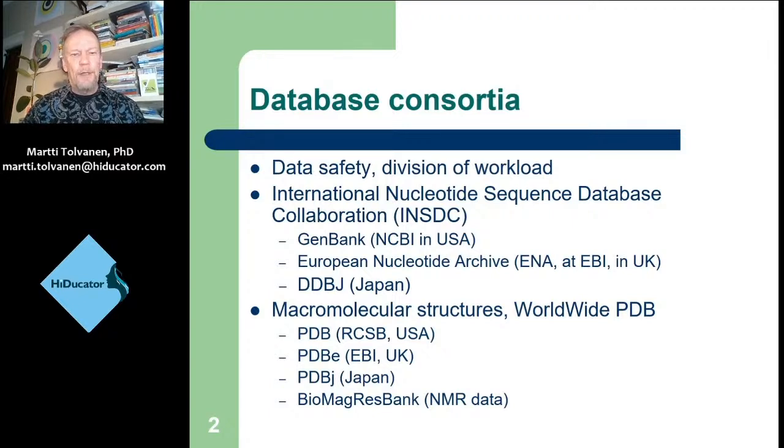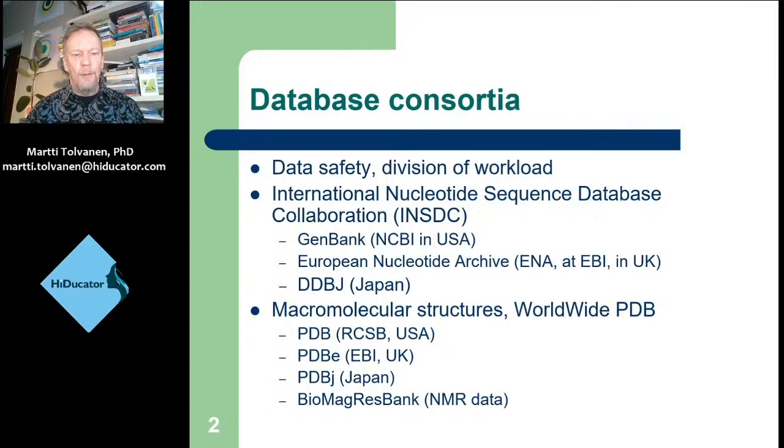And the collaboration done between the global nucleotide sequence databases is called INSDC, and the way it works is that they share their data on a regular basis, so that no matter which one you use for your searches, you might be only missing something that was submitted during the last few hours.